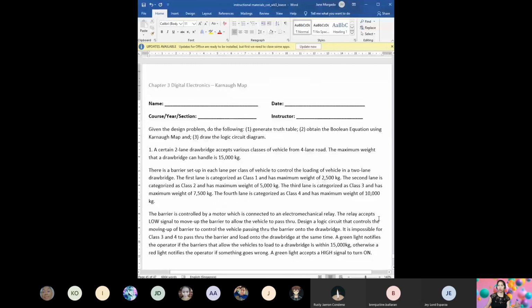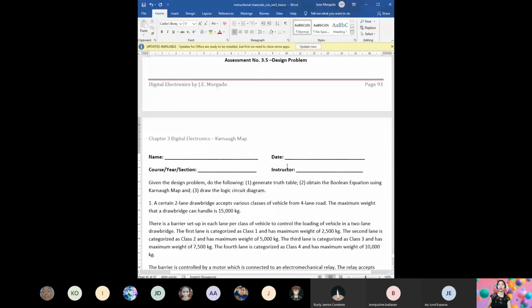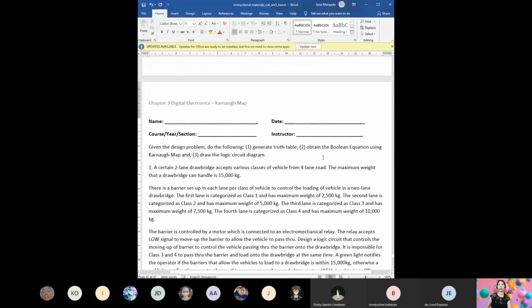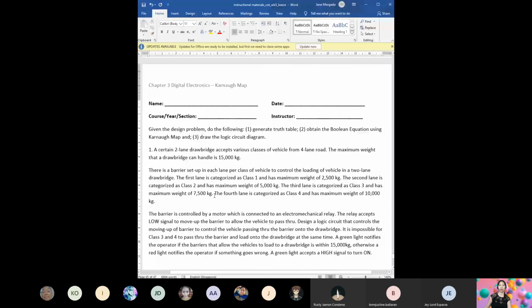Chapter 2, chapter 3, related naman sila, di ba? Boolean equation pa rin, pero mano-mano yung isa. Ito naman using K-map. So, I'll give a few problems from chapter 1 and 2, but majority would be from chapter 3. Okay?